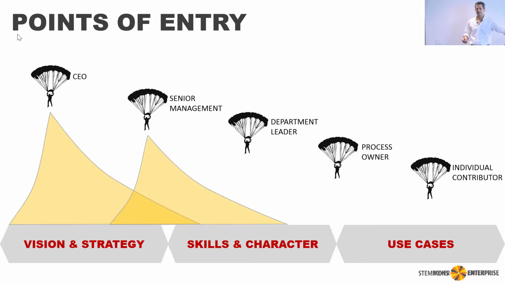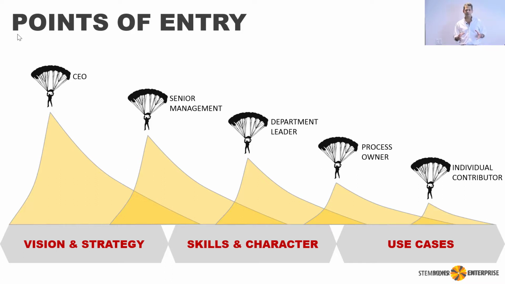And then we start getting into skills and character. You've got someone who's running a department. They want to know what kinds of things we need to be good at. And then finally, when we talk to someone who owns a process or who's an individual contributor in something, they're really focused on tactics. Like, what is the specific thing that we're doing? And we want to first of all engage with people in the area that they find interesting and important.